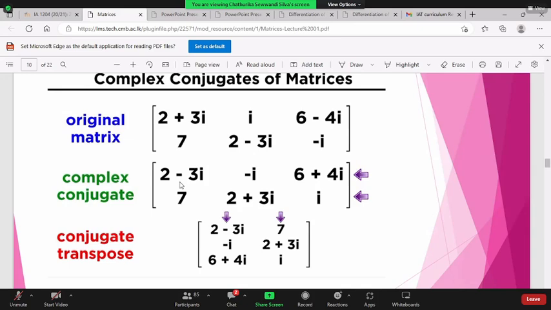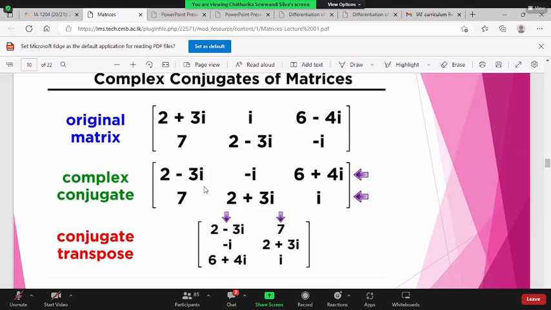Next, how to find the conjugate transpose. We know how to get the transpose: we just exchange rows to columns or columns to rows. If a matrix consists of complex numbers, this is the original matrix.